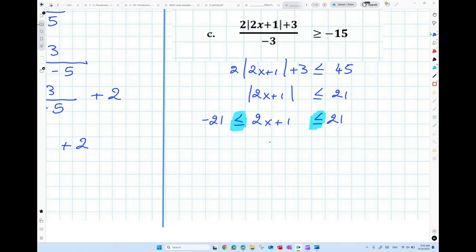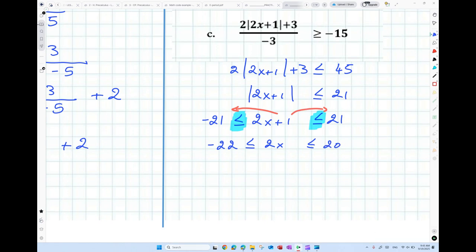And therefore, I will have 2x, which will be between negative 21 minus 1, which is negative 22, and 21 minus 1, which is 20.